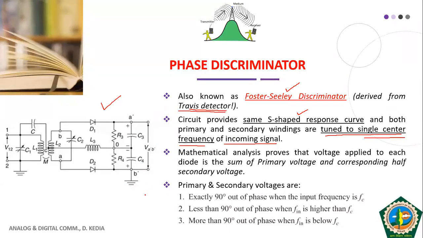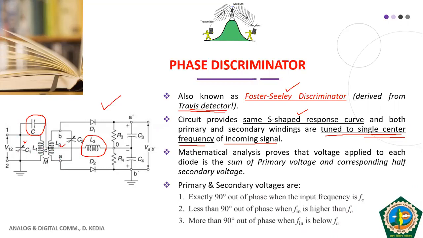Let me tell you where those changes are. One change is that this inductor L3 has been added here, which was not there previously. Another change is that this coupling capacitor C has been included in between your primary part and your secondary part.